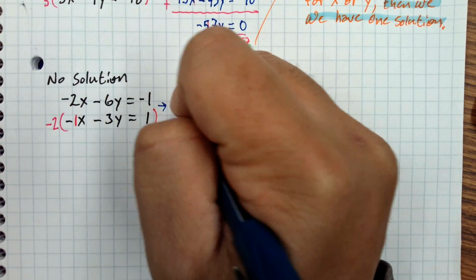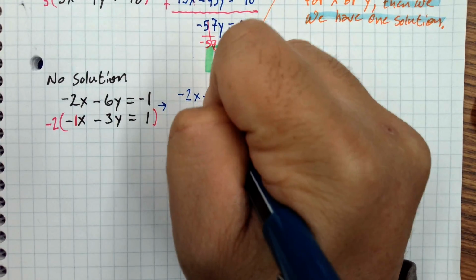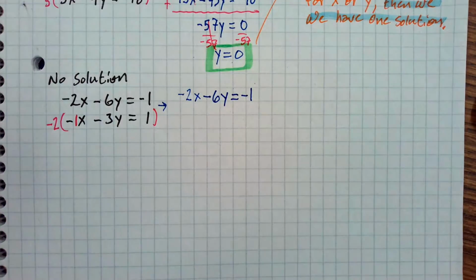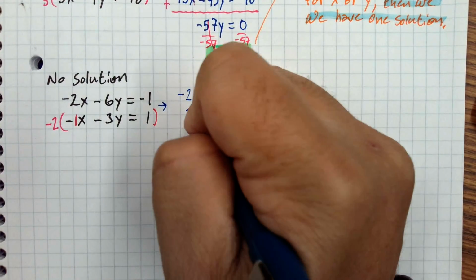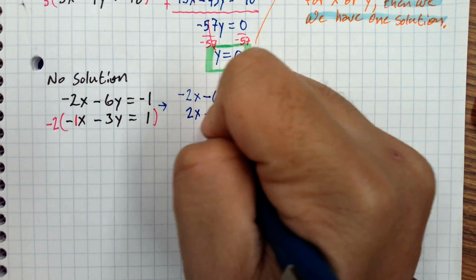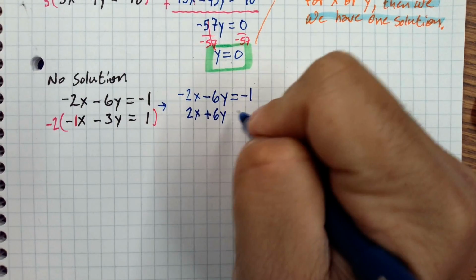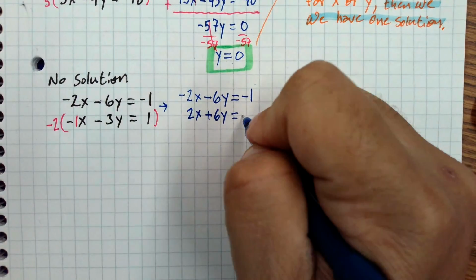So I'm going to leave the top one by itself. Nothing's going to change there. The bottom one will multiply by negative 2, so that's going to be 2x plus negative times negative is positive 6y, and then it's going to be negative 2.